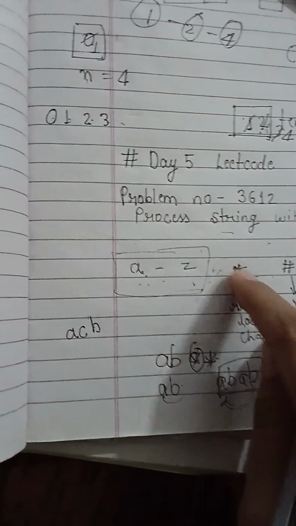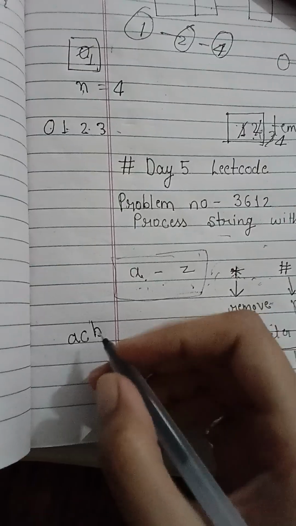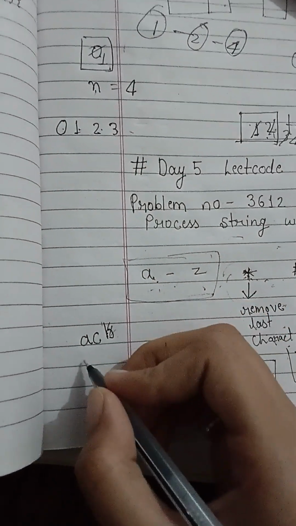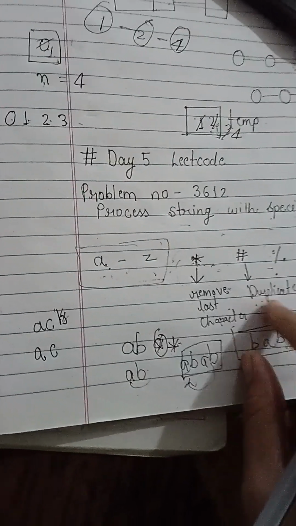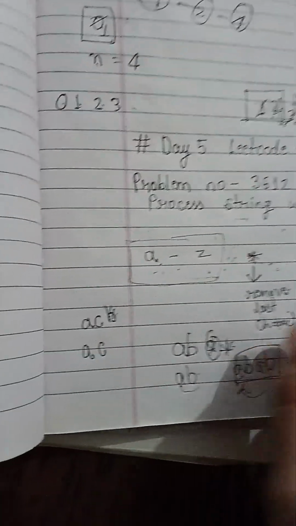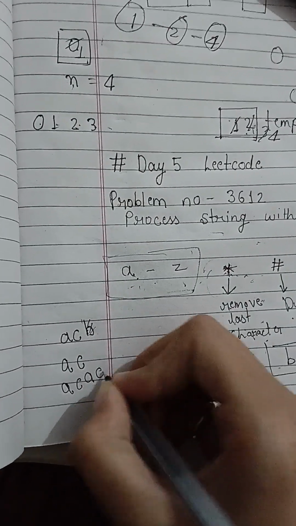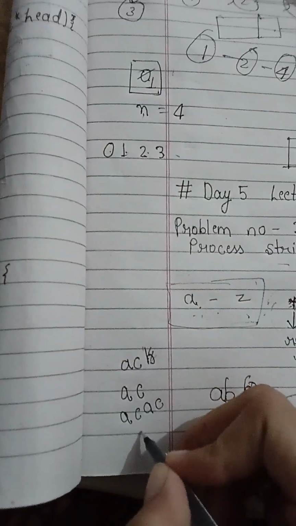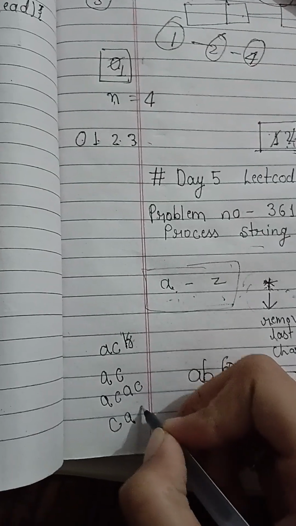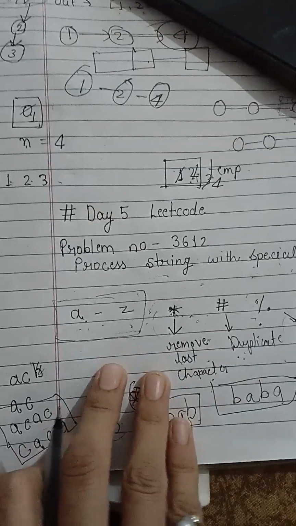If the asterisk occurs, we remove the last character, so we remove c from here and the result will be ab. If the hashtag occurs, we duplicate the string into itself, so the resultant string will be ab and ab. If the percent sign occurs, we reverse the string, so we will easily reverse it. So this is our basic concept of this problem statement, and we will implement it on LeetCode.